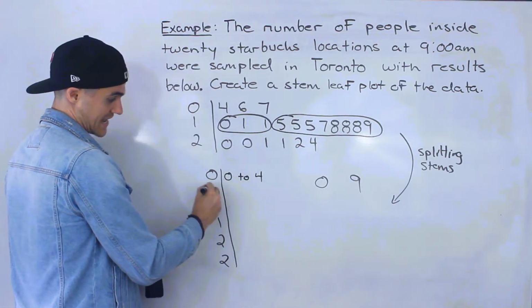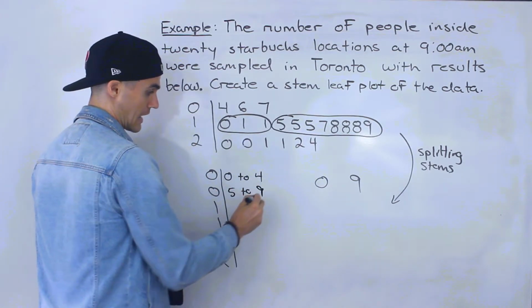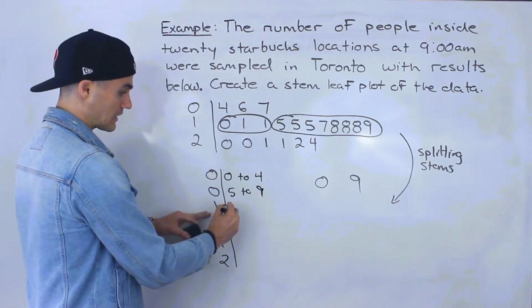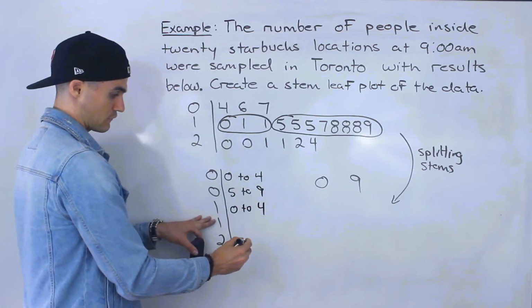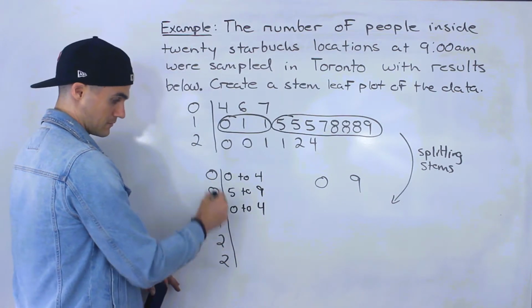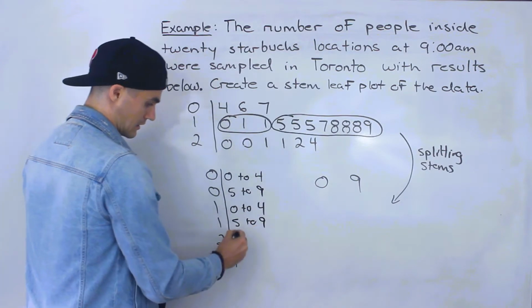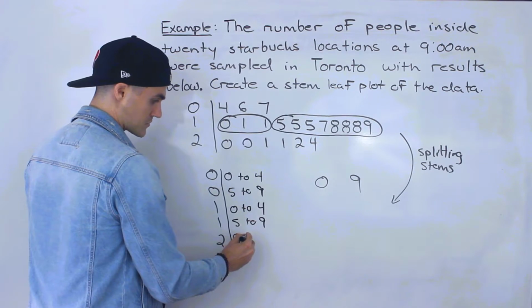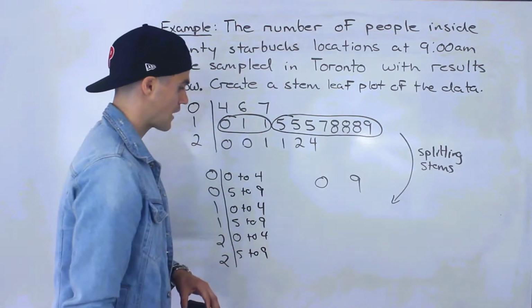And then for this second 0, this second stem, we would have 5 to 9. Same thing here. For this one here, it's going to be all the leaves from 0 to 4. And then for this second one, this fourth stem in this entire stem leaf plot, this is going to be from 5 to 9. Same thing here. For this first 2, it's going to be from 0 to 4, and then 5 to 9.